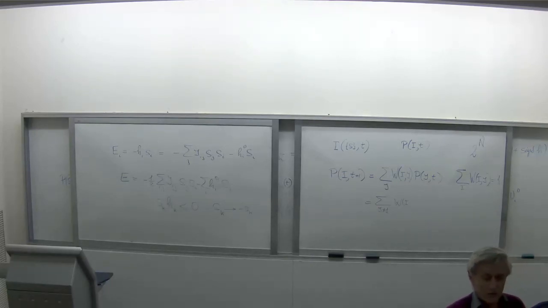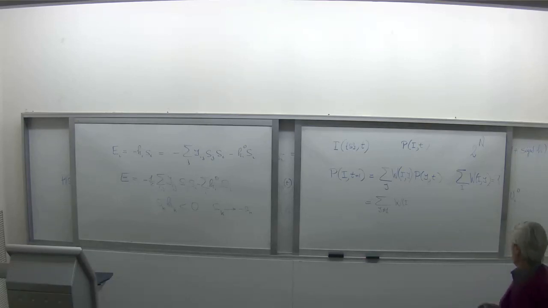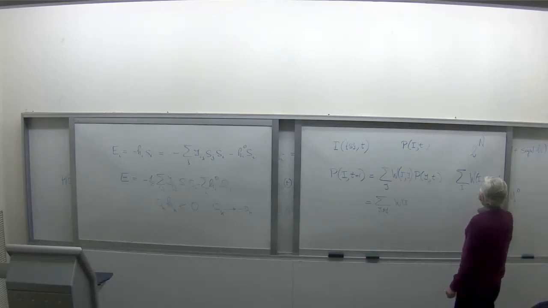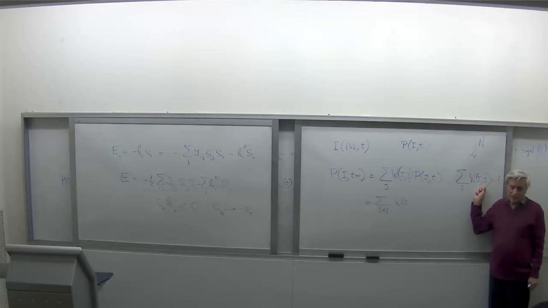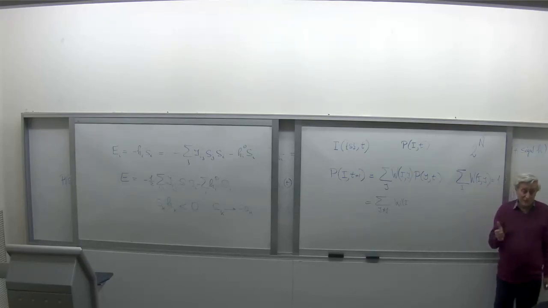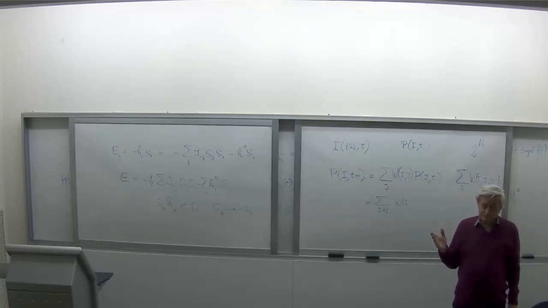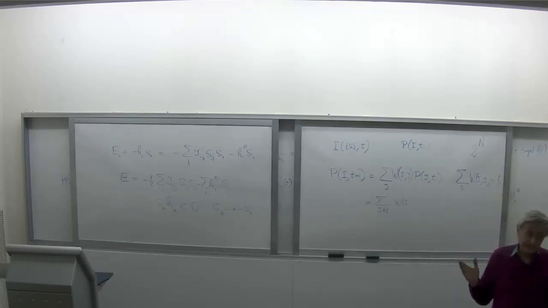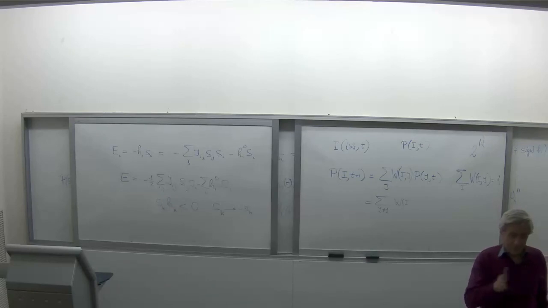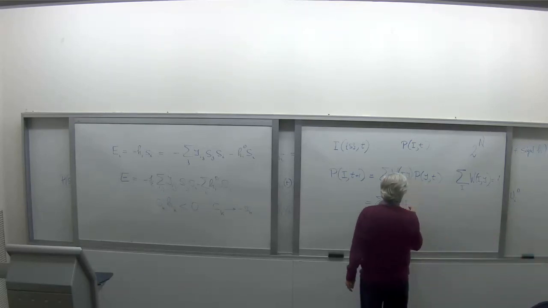No, because this assumes that you are now at configuration J. You are in configuration J, and from there you have to go somewhere, or stay there. Therefore, summing over all I gives you 1.